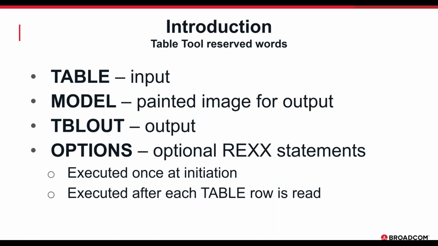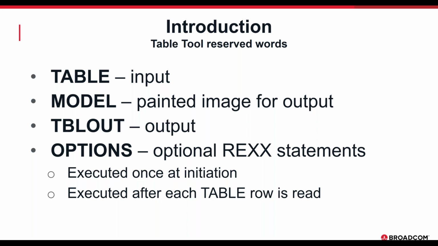The model is the painted image of the output. That is the part of Table Tool that is more closely resembling an IBM skeleton. When records or rows of a table are selected for processing, those rows have variables and values that are used to expand the model, just like a file tailoring process would do.